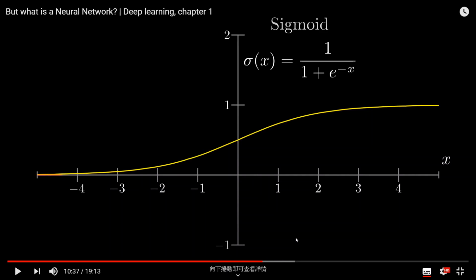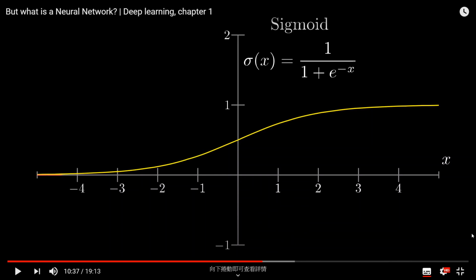Okay, we stop here, and we can see from the video explaining how the AI recognizes handwritten digits.